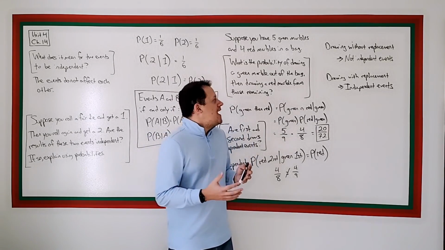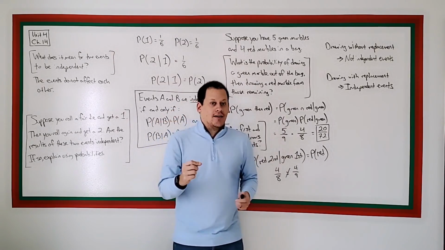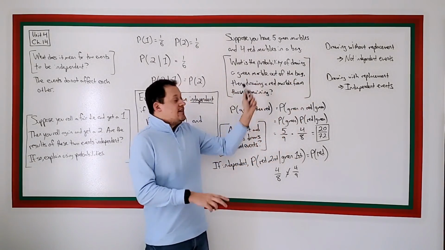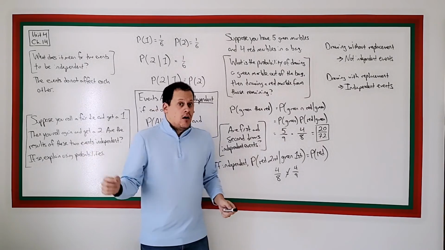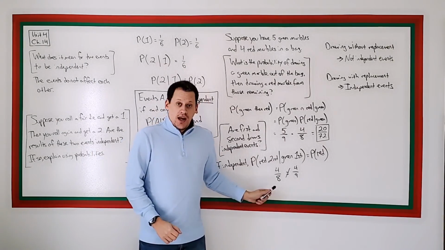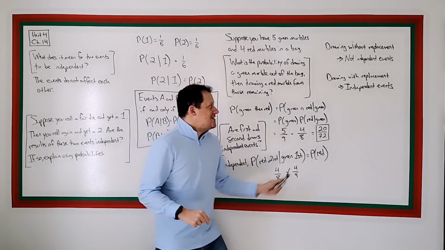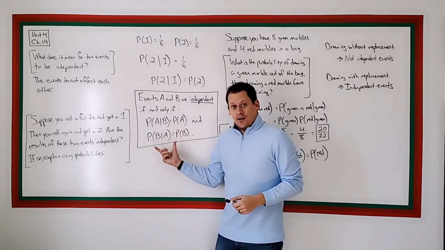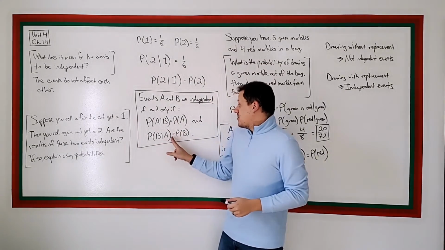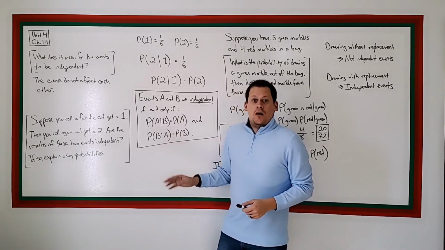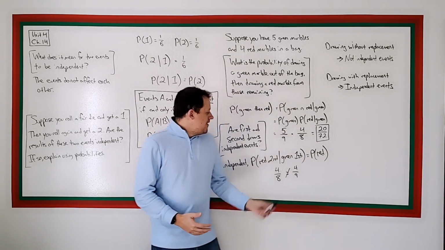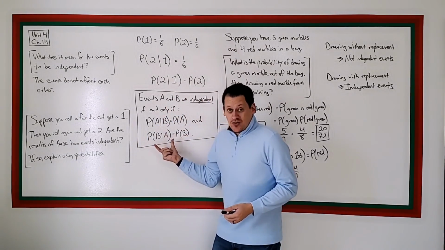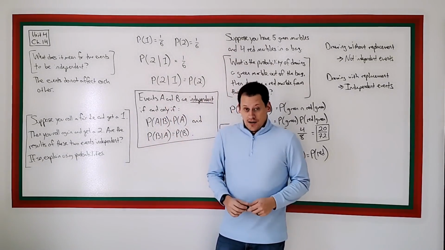I want you to be able to rationalize in your head why, if you draw without replacement, if you take those marbles out of the bag, why those probabilities change and why that means that those events are not independent using this. It's because these are not the same. Whereas if you draw with replacement, those probabilities remain the same.